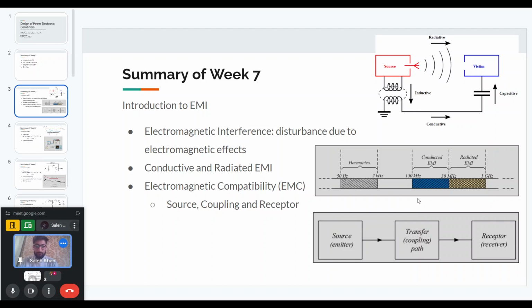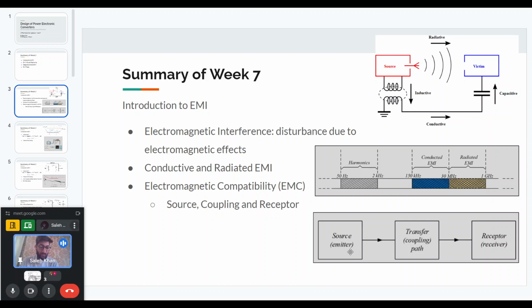And to satisfy these conditions for the standards, we can try to limit the EMI at different points. The converter here would be the source of the EMI, and then there will be a transfer or coupling path from the EMI to, let's say, the grid or some communication line or some component that we don't want the EMI to affect, and then there will be that component itself.